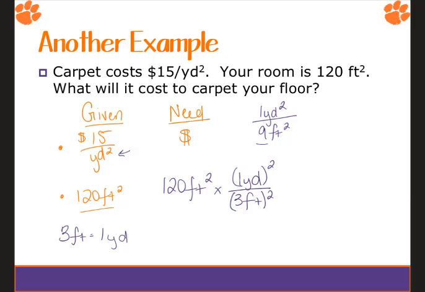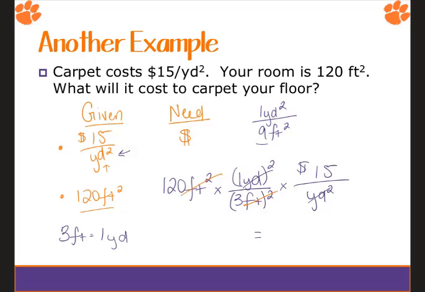Okay, so now my feet squared will drop out and I have yards squared, and that's what I have in one of the given conversion factors. So I will just do that. Put yard squared on the bottom to cancel with yard squared on top here. And the $15 goes on the top.